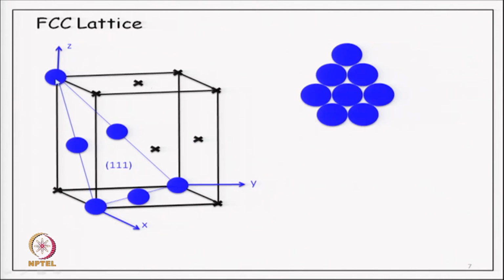So, what I am trying to show is that this piece of 111 plane within the unit cell is actually a part of a close packed plane in the structure. So, the 111 plane in an FCC lattice becomes a close packed plane.